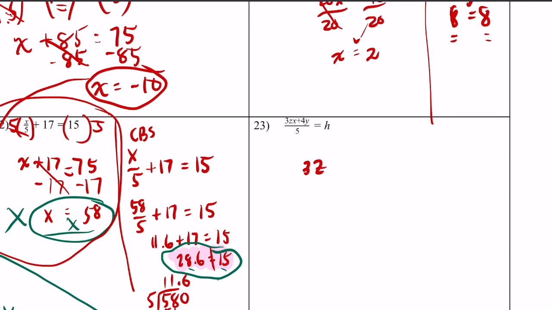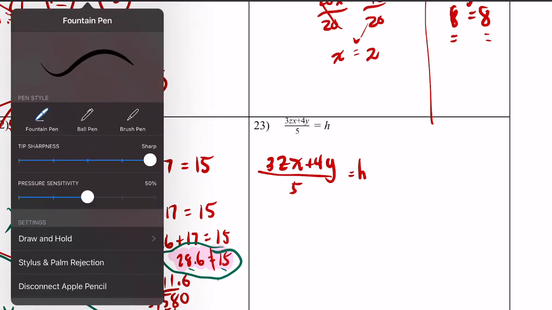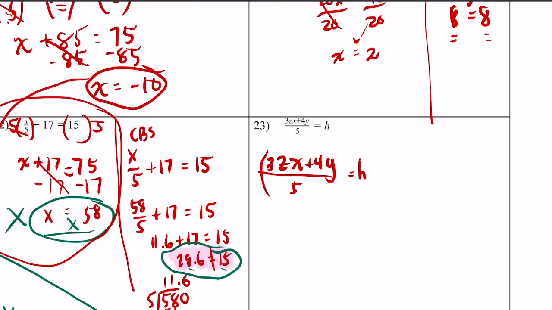It says 3zx plus 4y over 5 equals h. Okay, let me just move it a little over here. So multiply, get rid of the denominator, times 5, times 5. So this becomes 3zx plus 4y equals 5h.